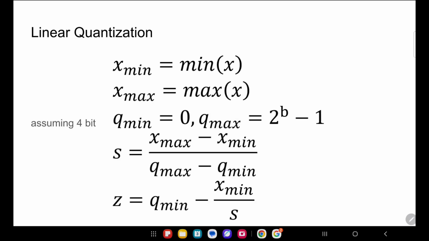Now this scale can be the min-max scalar. So we take the min-max of x and the min-max of the quantized range, because we want to fit the full range of x to the full range of quantization. So S is x max minus x min divided by q max minus q min, and hence Z will be q min minus x min divided by S.